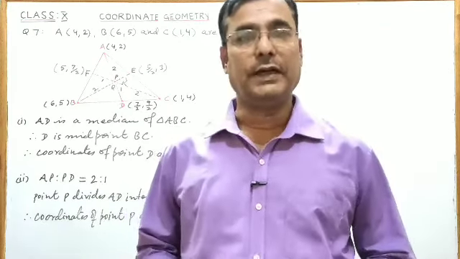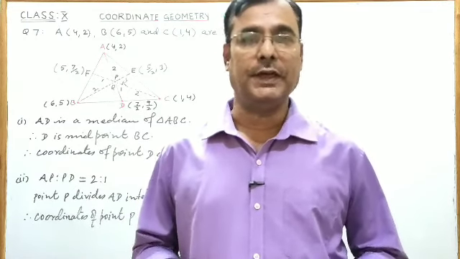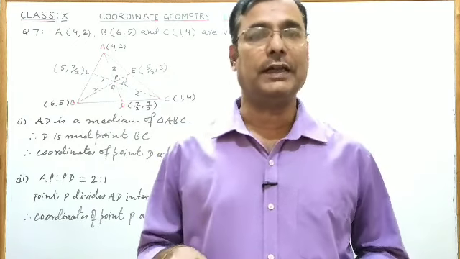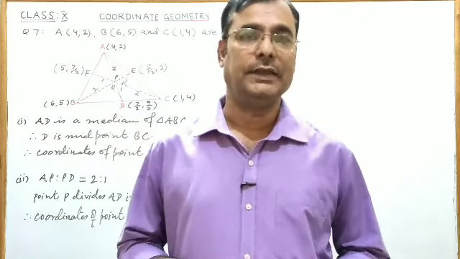Fourth part, what do you observe? In the second part, we found the coordinates of a point P on the median AD dividing it in the ratio 2:1 are 11 by 3, 11 by 3. In the third part, we found the coordinates of a point Q which divides the median BE in the ratio 2:1 are also 11 by 3, 11 by 3.